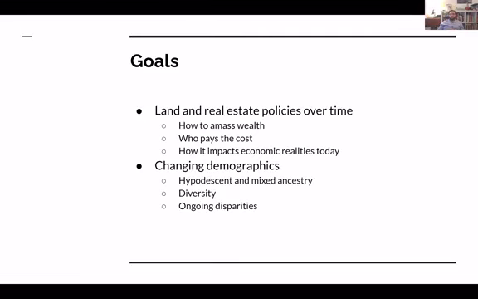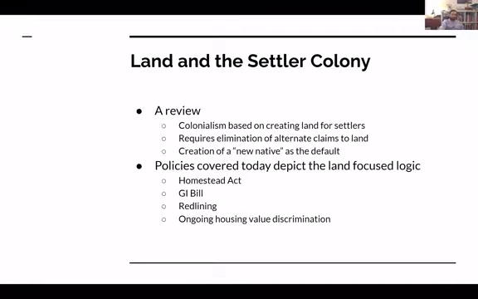So things like the increased level of different minority folks that live in our country, mixed ancestry as a relatively new phenomenon at the mass levels that we're seeing it, and ongoing questions around what the United States is going to look like in 20, 30, 40 years, however long that might be.